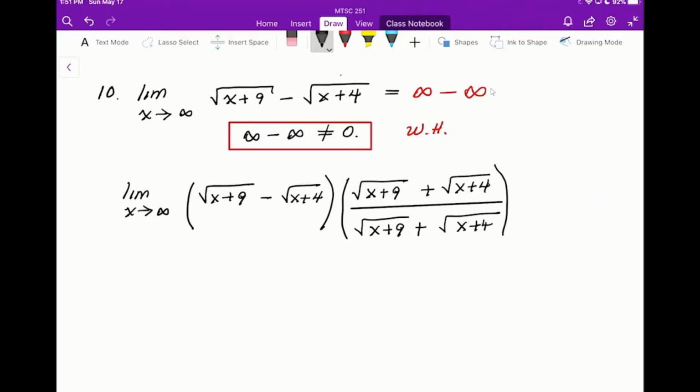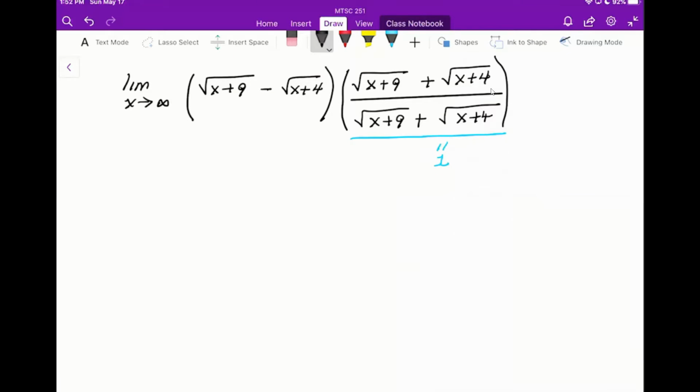Now I can do that because the value of this is just equal to 1. So I can multiply any expression by 1 and retain its integrity.